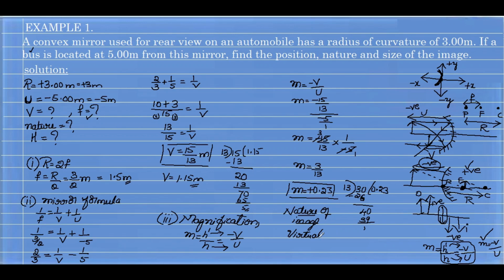Then the image is smaller than the object, because we know that in convex mirrors the image will always be point sized and diminished, but it will be erect and virtual. I hope you understood this problem.